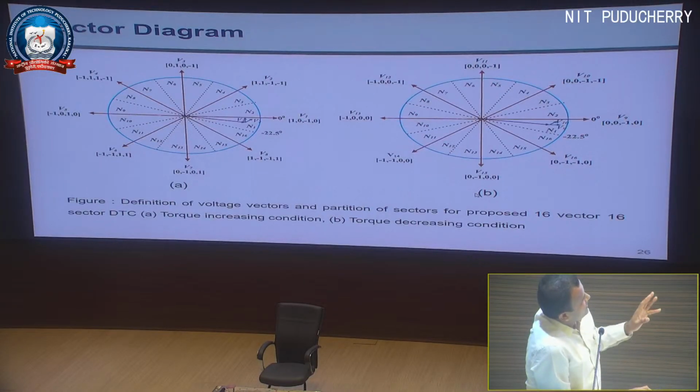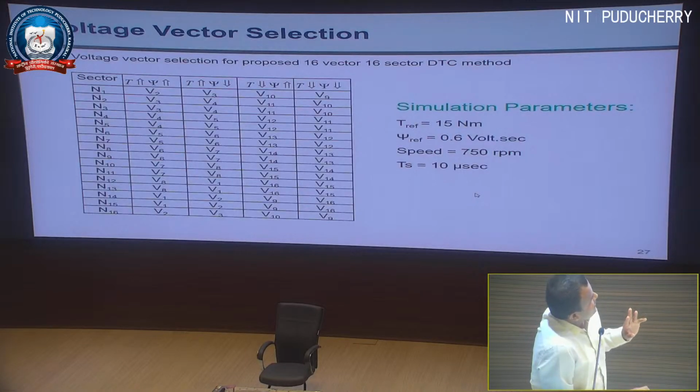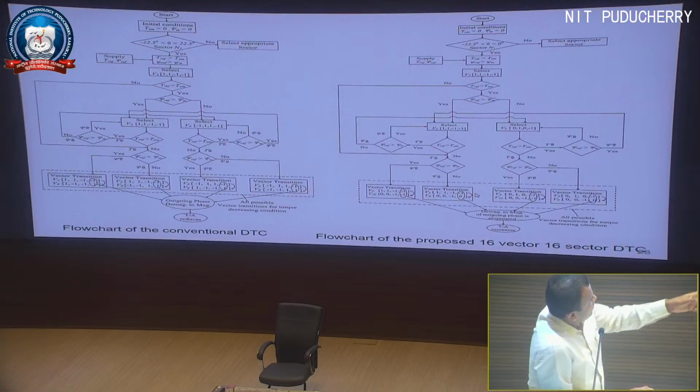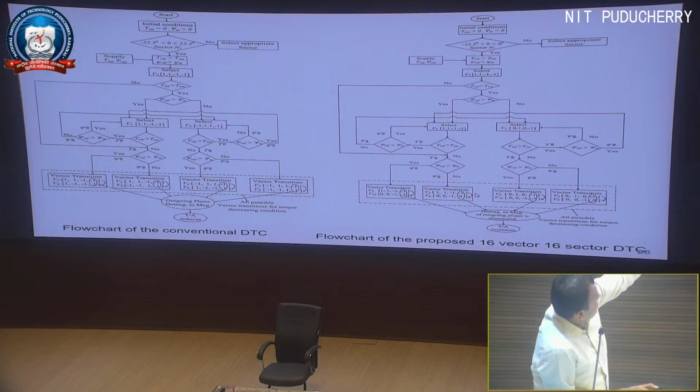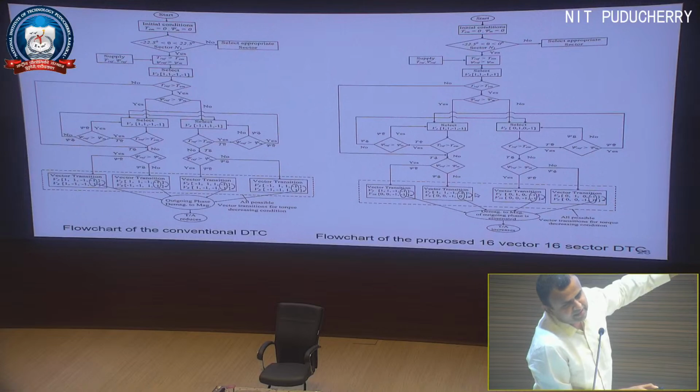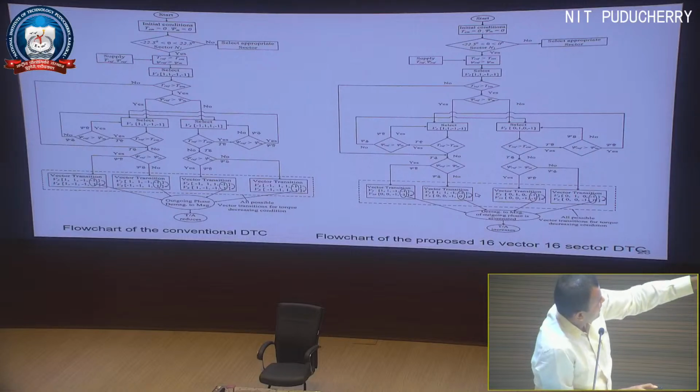So this is how the 16 vector, 16 sector is realized, and the lookup table for that. This is the conventional one on the left hand side. You can see that it is -1 to 1, which means demagnetizing to magnetizing or vice versa, which is not desirable for the outgoing phase.